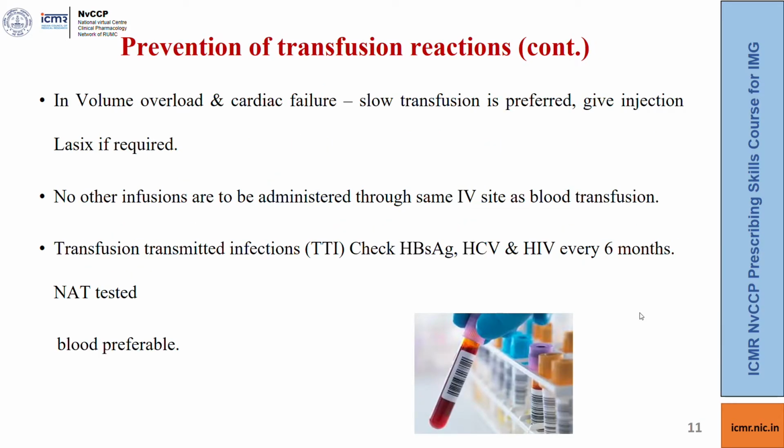In case of volume overload and cardiac failure, slow transfusion is preferred and you may give injection Lasix. No other infusions are to be administered through the same IV site as the blood transfusion. To prevent transfusion-transmitted diseases, check HBsAg, HCV and HIV status every 6 months, and NAT tested blood is preferable.